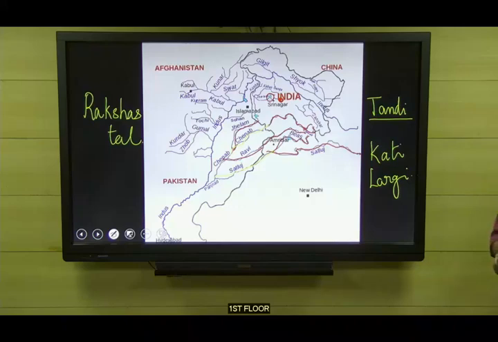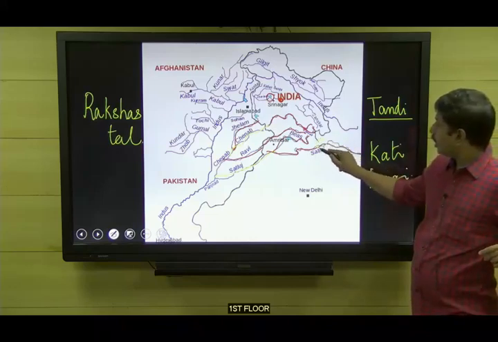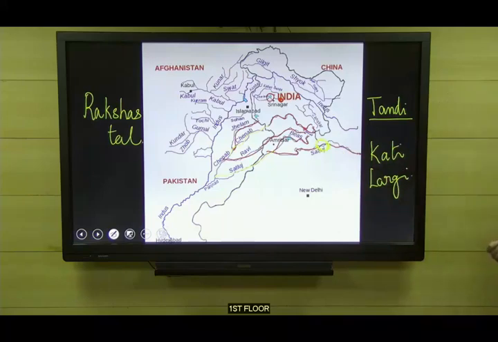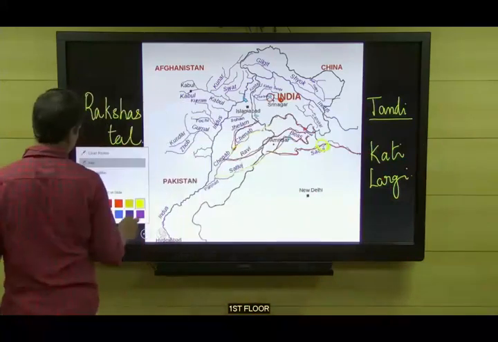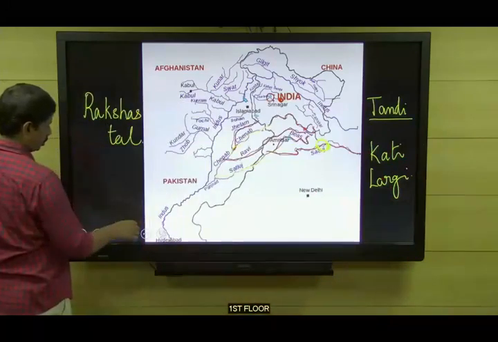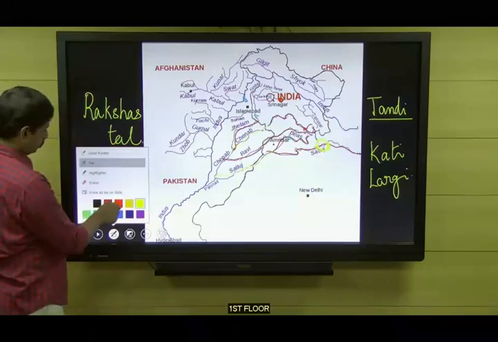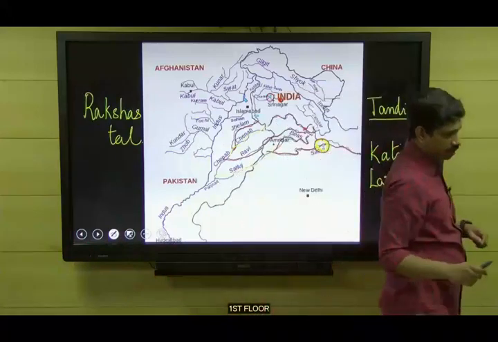When the Sutlej enters India, it forms a gorge. The gorge is in the greater Himalaya, Himadri range. It forms a gorge cutting through the greater Himalaya when it enters India.